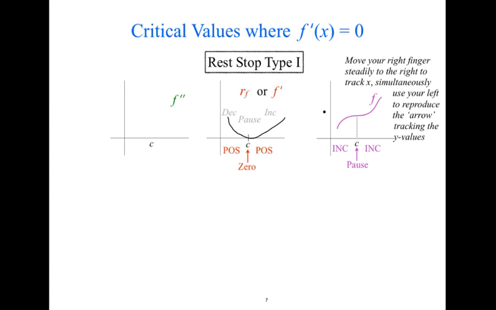What does that mean for the second derivative? Samantha. Right, so if a function's decreasing, then pausing, then increasing, then its derivative is going to be negative, 0, positive. It's negative, and then 0, and then positive.